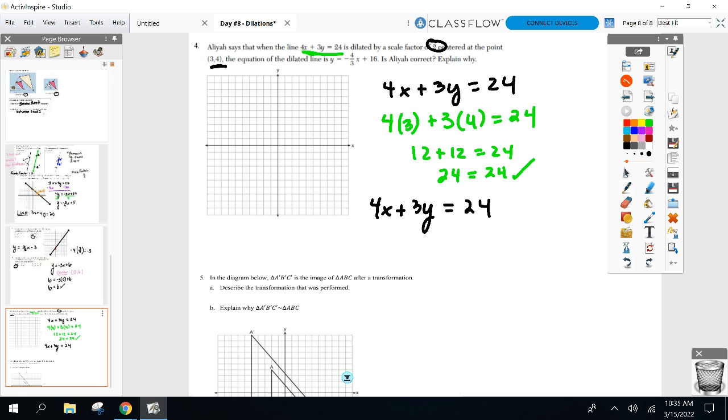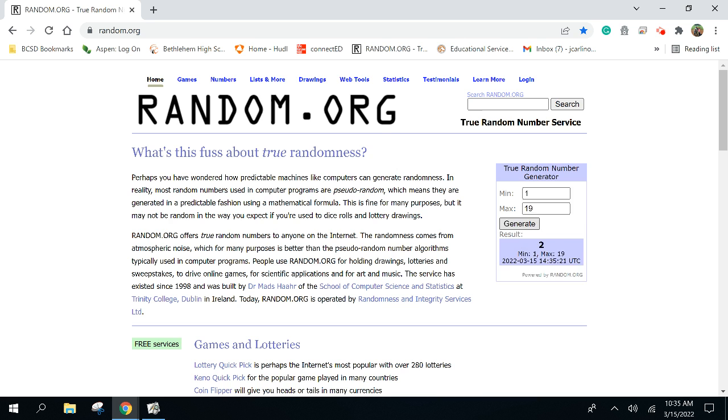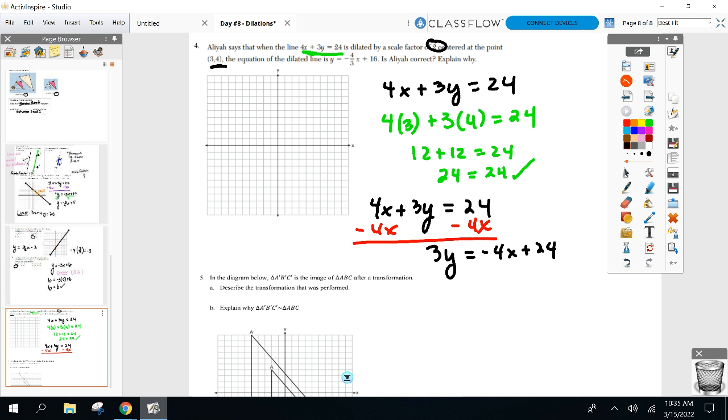I want to try to get the y by itself. Minus 4x, minus 4x. 3y equals negative 4x plus 24. Next step. Divide everything by 3. All right, so here is our equation. It should be y equals negative 4/3 x, but plus what? 8.